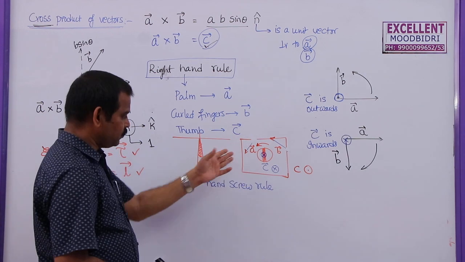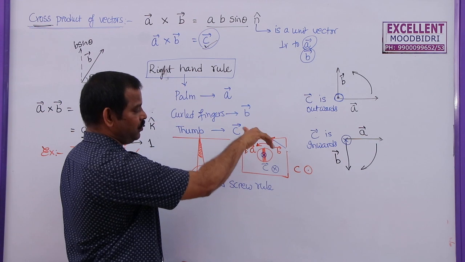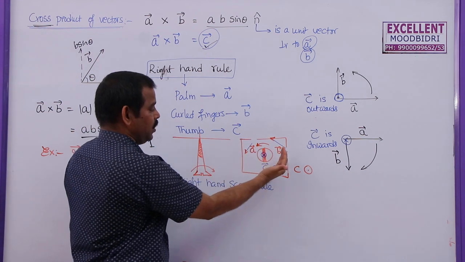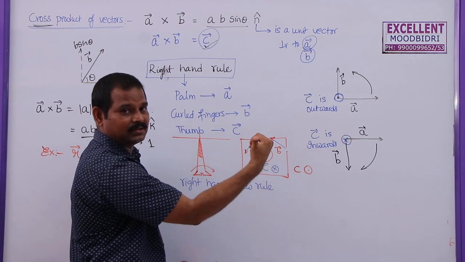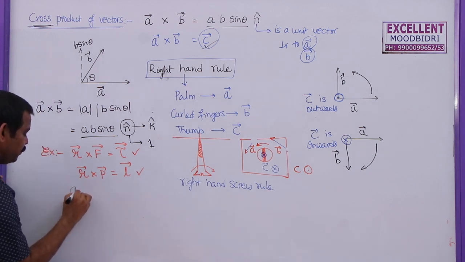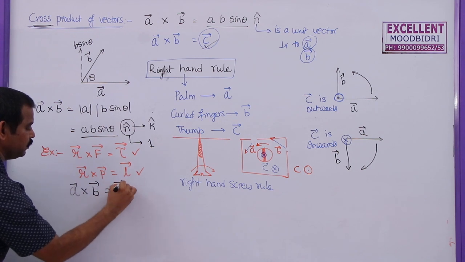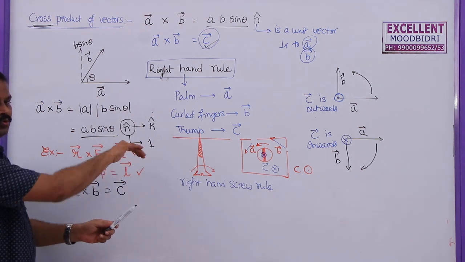Based on these examples, what we can say, if you multiply A with B, the product will be C bar into the board. If you multiply B with A, the product is C bar only in magnitude, but its direction is opposite. So, what we can write, A bar cross B bar is equal to C bar in one direction, in this case that is A with B into the board.